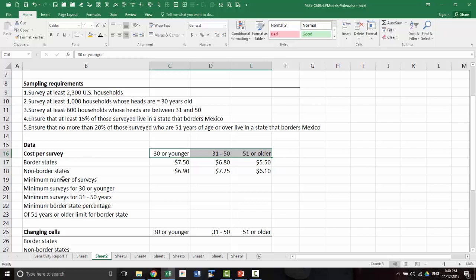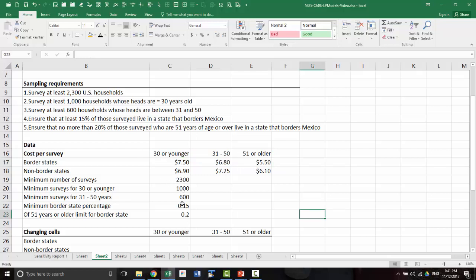Then let's enter the sampling requirements. Like 2,300. So that is your minimum number of surveys, at least 2,300, and then 1,000 for 30 or younger, and 600 for this group, and then the minimum border state percentage, and then the 51 years or older limit for border state. So that would be 51 or older, border state. Okay, so let's enter these numbers here.